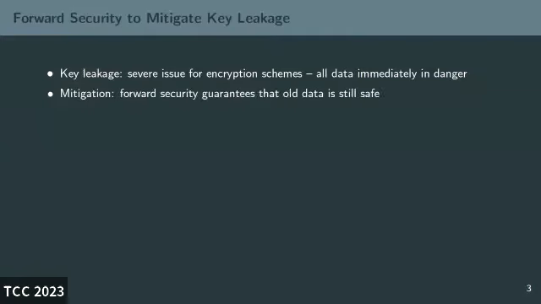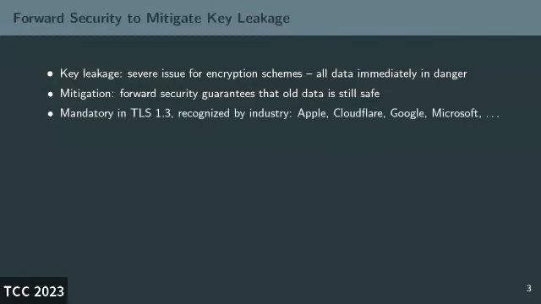And one strategy to mitigate the damage of such a key leakage is forward security, which basically just means we want some guarantees that old data is safe even if your key gets leaked at a later point. For example, this has become mandatory in TLS 1.3, and also all big tech companies have recognized the importance of this.